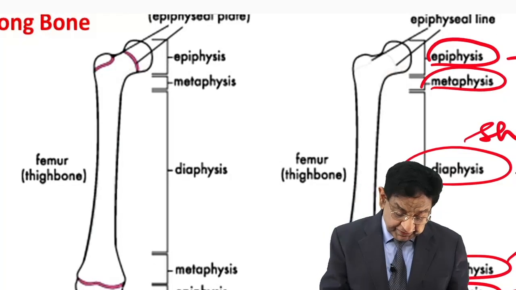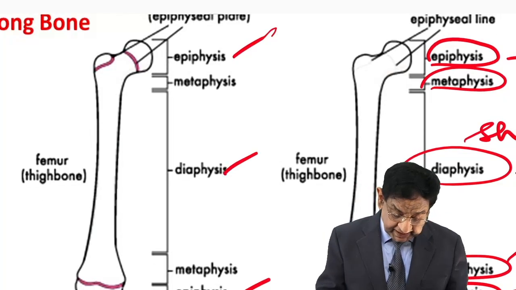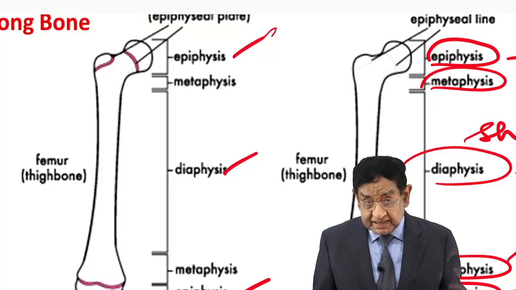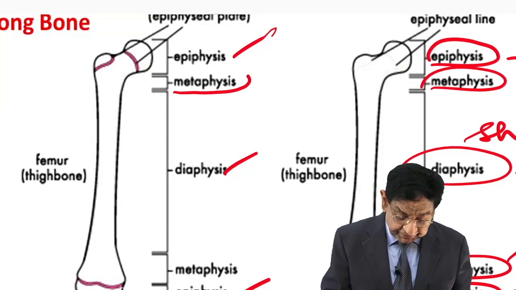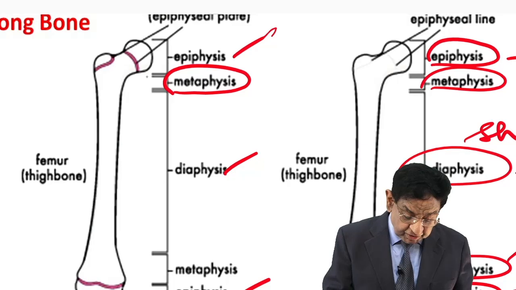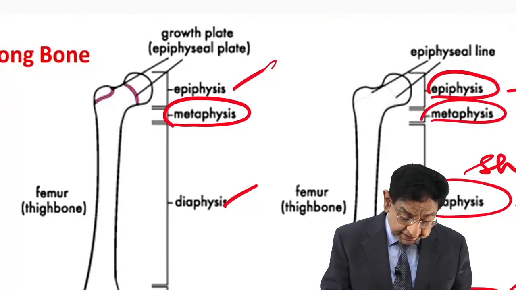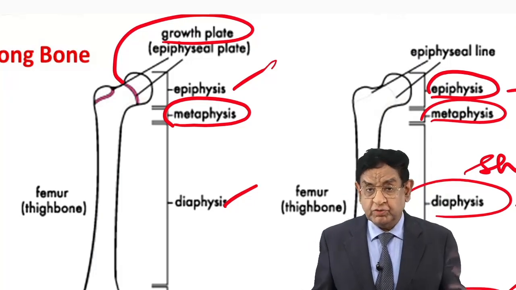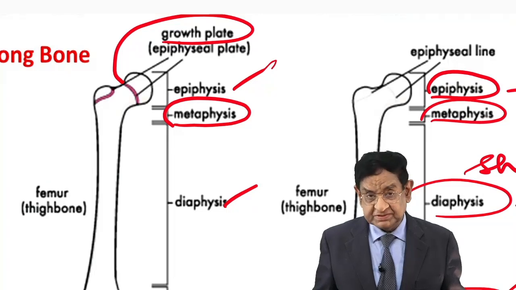We have an epiphysis, a diaphysis, and a metaphysis. Now there is one difference: in the metaphysis, we have a growth plate, also known as the epiphyseal plate, but it is a part of the metaphysis.